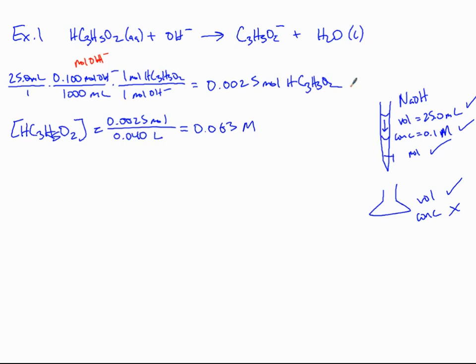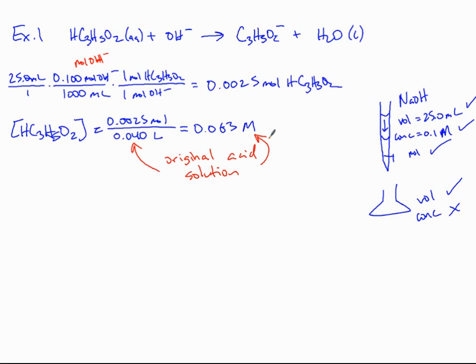And this is how you're going to figure out the sodium hydroxide on Wednesday or Thursday. And so, this was the original solution of the acid. And so that's step one.